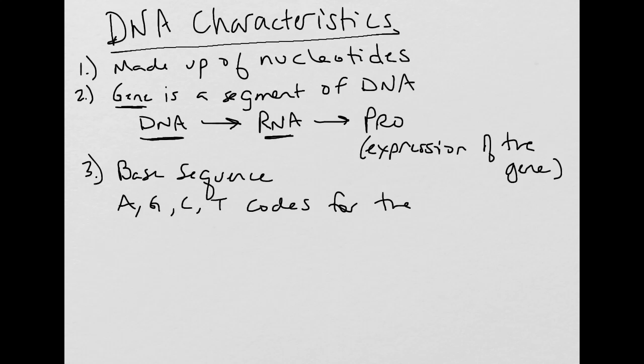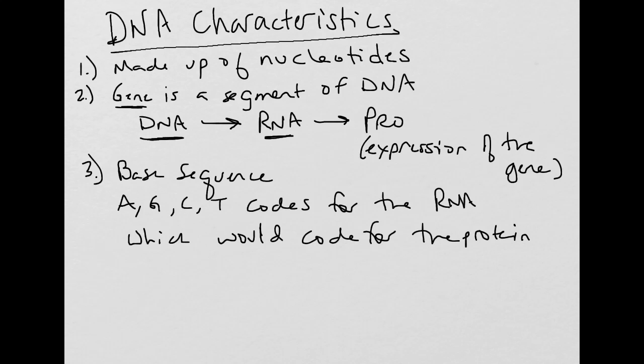Okay, actually the DNA would code for the RNA, okay, which would in turn code for the protein. Okay, and we'll look at how that happens in future chapters as well, but just to see the big picture here, it's important to understand that base sequence is really what makes a gene special.